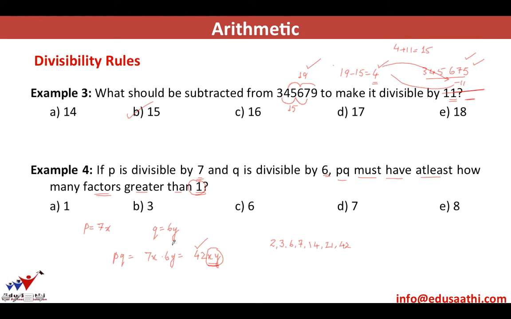So what you can do is, you can look at the various combinations that you can get from here. 2, 3, multiply them, 6, 7, multiply these combinations and multiply all of them. There will be all the factors that you will have for 42. So 1, 2, 3, 4, 5, 6 and 7. And I have not included 1 because the question is saying greater than 1. So my answer would be option number 4, 7.